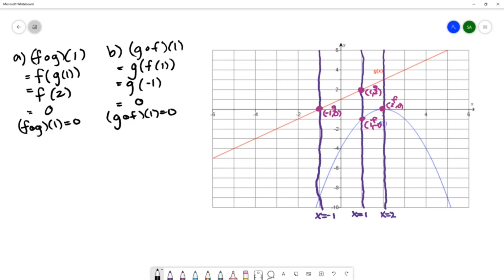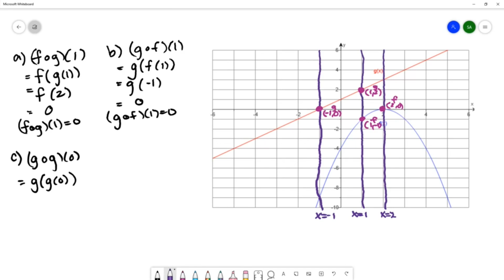I have another one for us to try, and that is g composed with g of 0. So this is composition again, substituting one function inside of another function, and this time g is both the inside and the outside function. So we'll write that as g of 0.